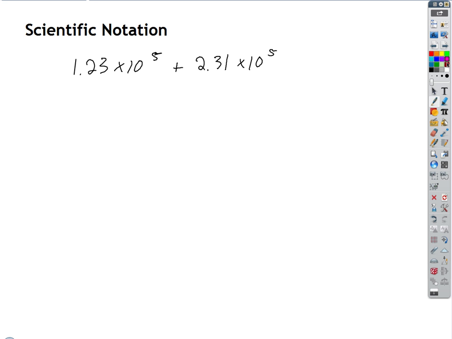So I've got 1.23 groups of 10 to the 5th plus 2.31 groups of 10 to the 5th. Now, if I have 6 marbles plus 8 marbles, how many marbles do I have?